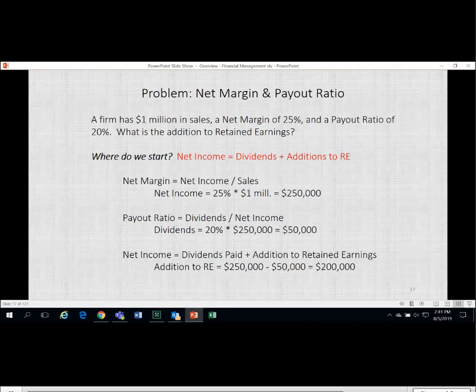So what's the addition to retained earnings? Well, it's that $250,000 income minus the dividends we paid out, which leaves us with $200,000. So again, net margin, payout ratio, allocation of net income. Those are the three items that are very important for you to know, and not have to look up to solve the problem.